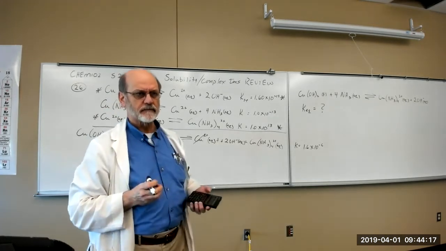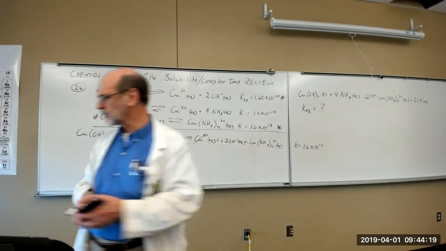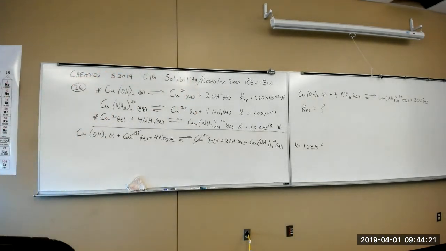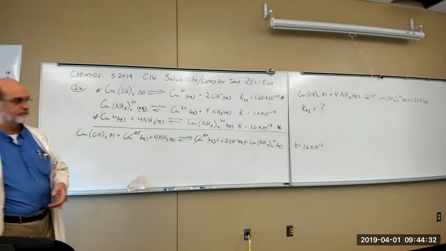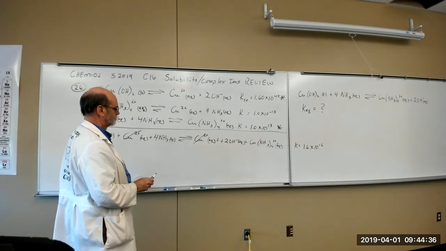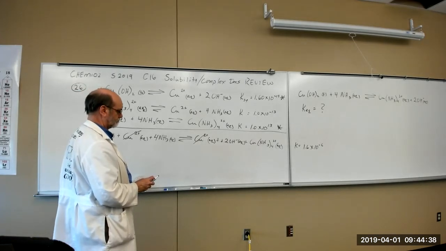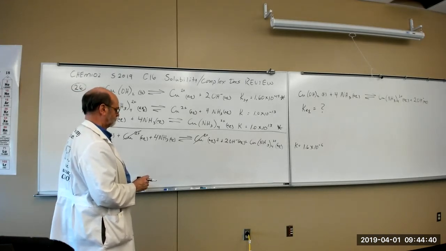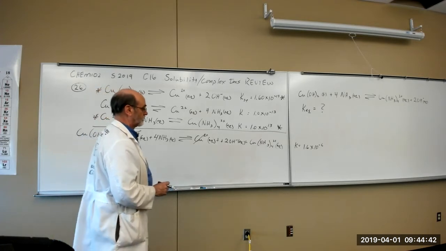I guess it's ringing a bell. Yeah, 13. You can combine two equilibrium constants to find a new equilibrium constant just by multiplying them. Yes.